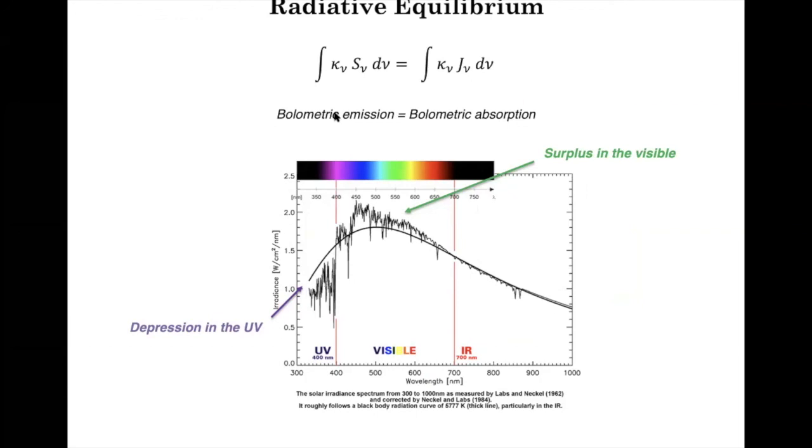So what is going on here? You have that the volumetric emission is equal to the volumetric absorption. You have energy that is being absorbed in the UV and is being reprocessed and then re-emitted in the visible. The same thing happens, for instance, on the Earth. The Earth absorbs the visible light from the sun and re-radiates it in infrared.